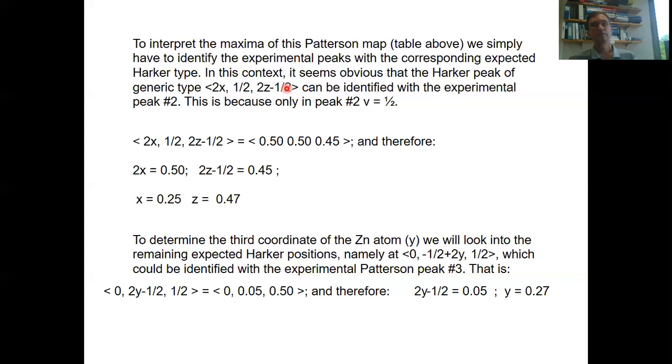And according to that, x can be variable, z can be variable, but y can actually not. Because y has been derived from a subtraction of two y's, it is now actually a v in the Patterson space. So v has to be equal to a half.